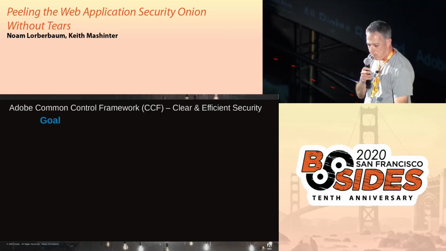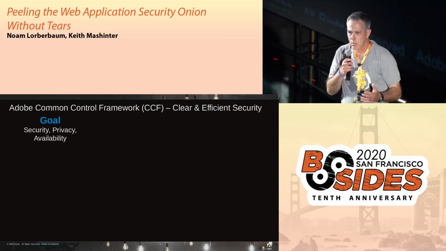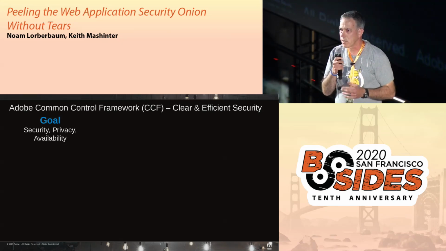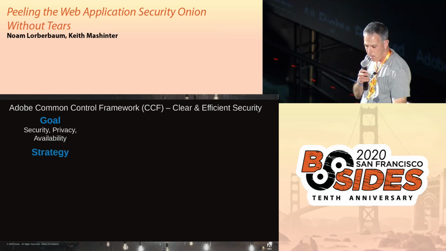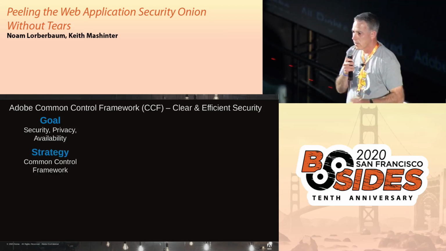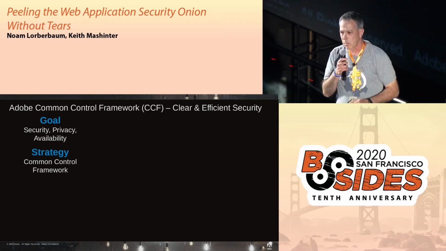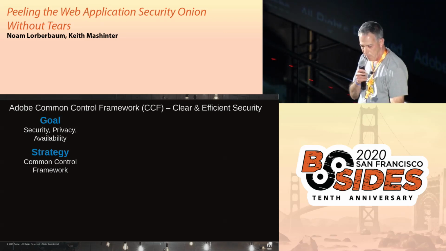Our goal, and pretty much everybody else's, is the security, privacy, and availability of our customer data. The strategy Adobe applies in order to achieve that goal is the Adobe Common Control Framework.